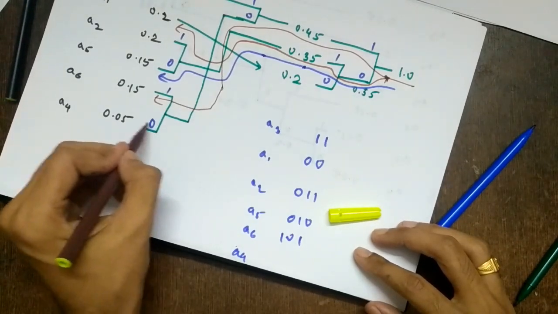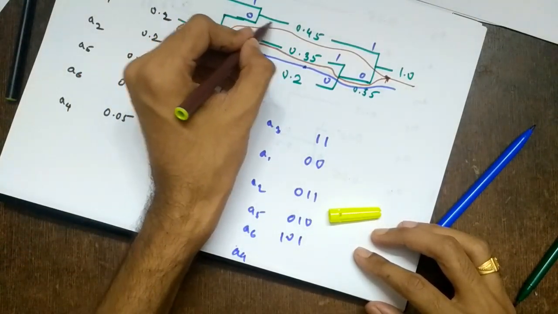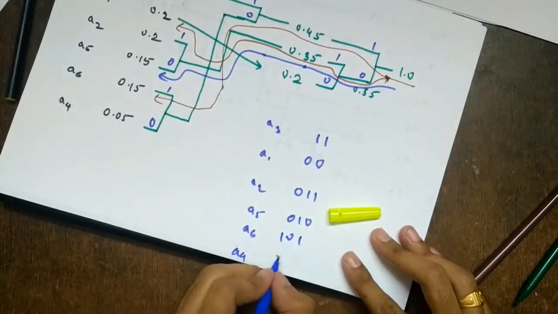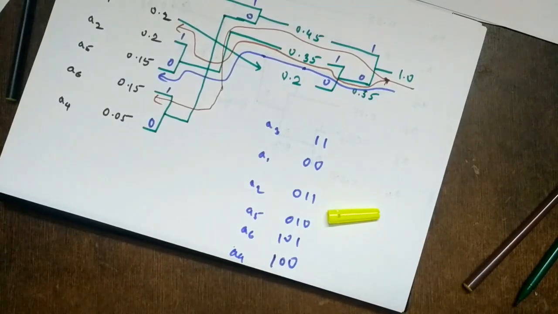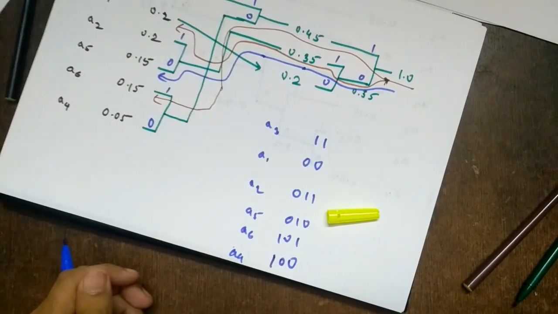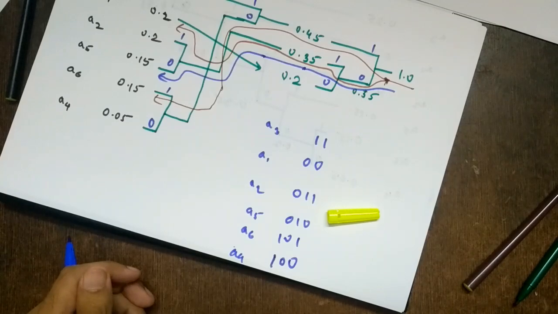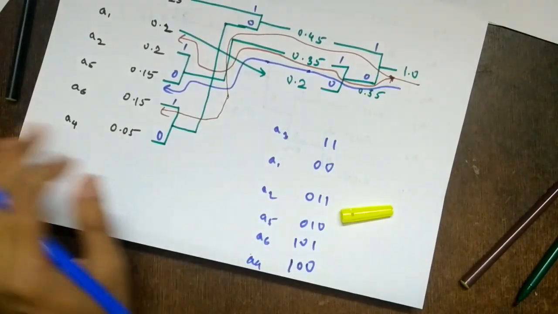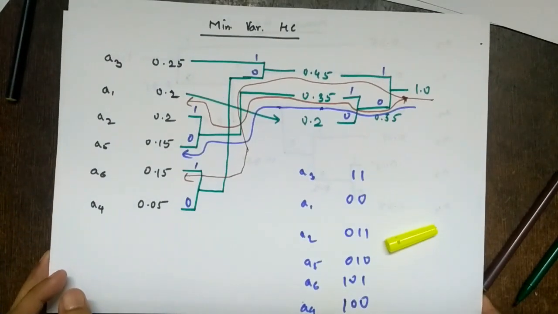So like this, 0, 0, 1. So 1, 0, 0. So these are the code words. Fine. So this combination always gives us minimum variance Huffman coding.